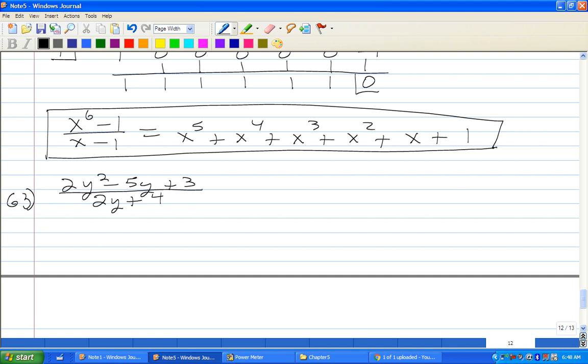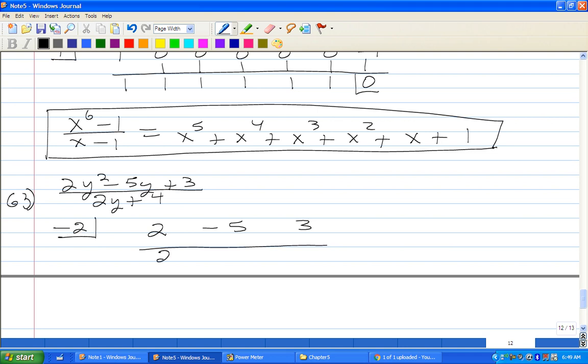And I guess I'll do that. I'll at the end divide by 2. And so I'll have here 2y squared minus 5y plus 3. I'm going to set 2y plus 4 to 0. So I have 2y equals negative 4, divided by 2, so y equals negative 2.